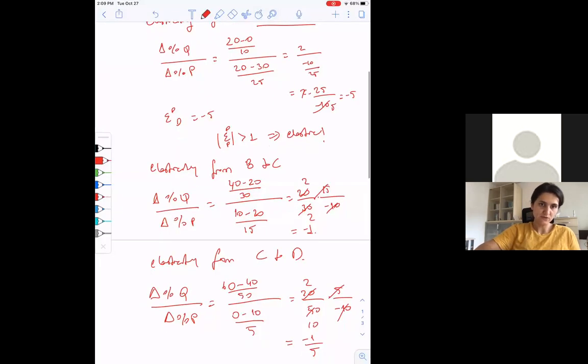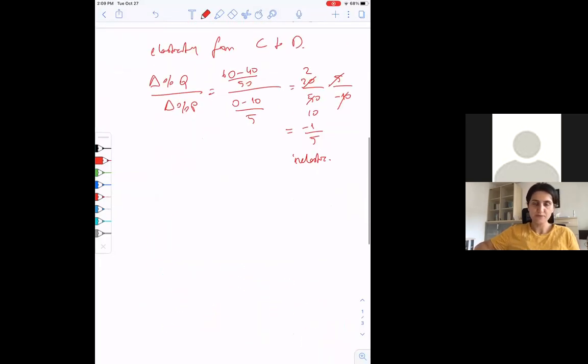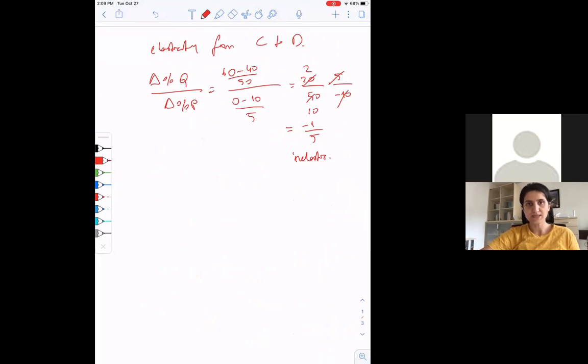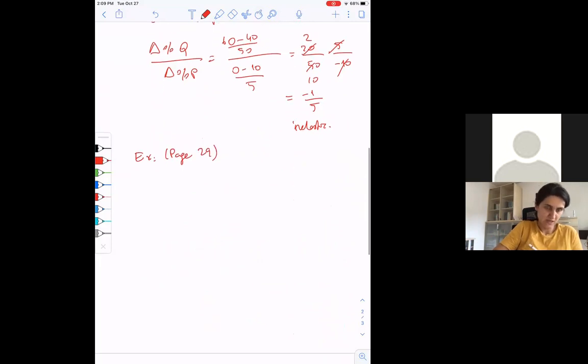Okay, now let's continue by solving this example. This is page 29 in the chapter 5 slides. So you have elasticity as 1.8.